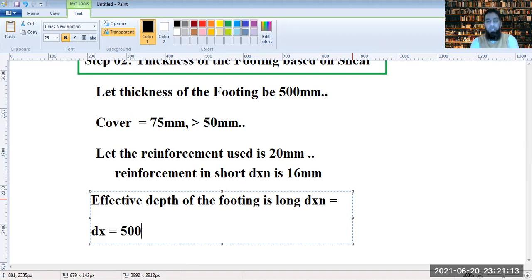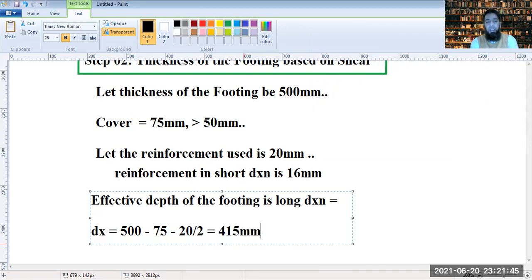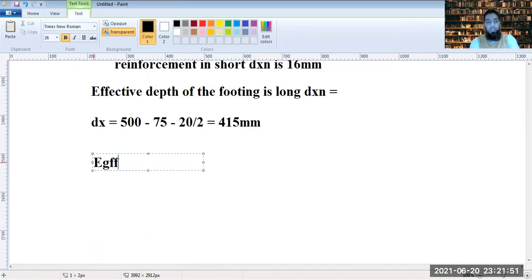It would be 500 mm minus the cover, that's 75 mm is the clear cover, and then you have the reinforcement, which is 20 mm, but we would be taking half of the 20 mm. So overall this would be 415 mm in the long direction.